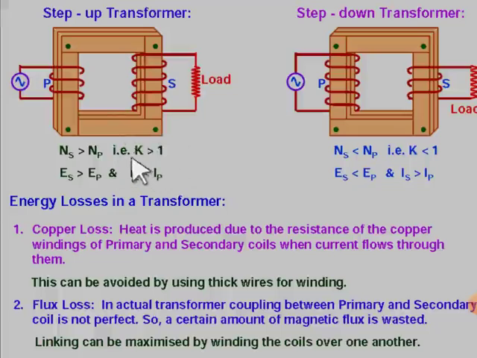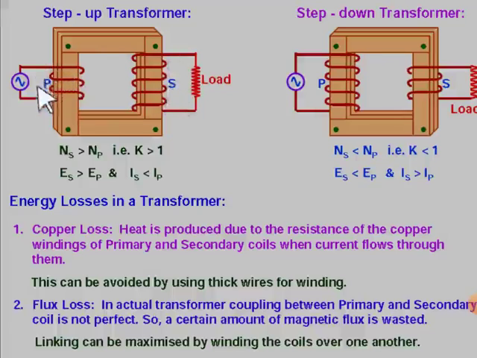In this case, if you correlate all those formulas, the ratios of potential, turns and currents, then you will have ES greater than EP, IS less than IP. That means your secondary current is less than the primary current, the input current. So that high voltage is obtained here.